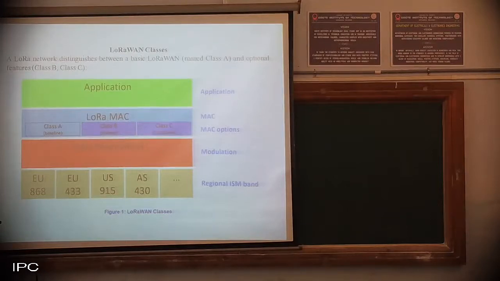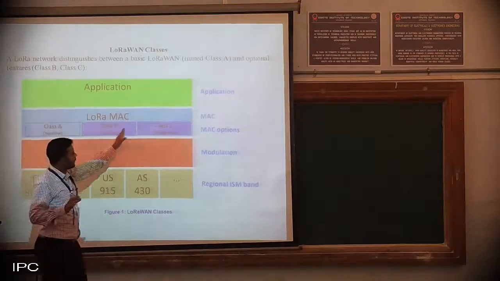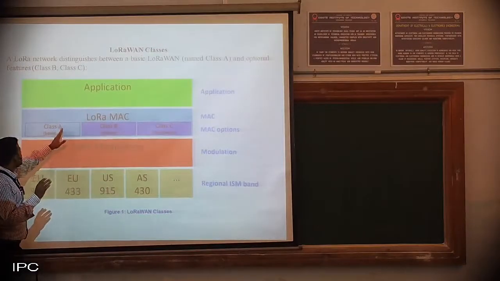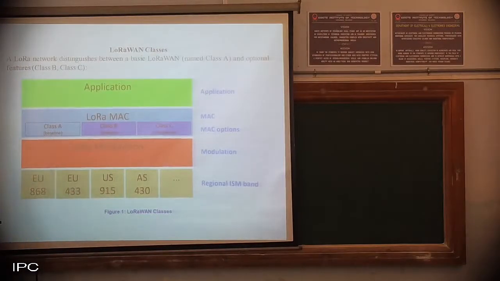And this is about the classes. So three classes: class A, class B, and class C. Class A is classified as baseline, class B as beacon, and class C as continuous.